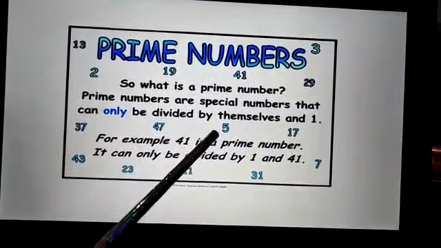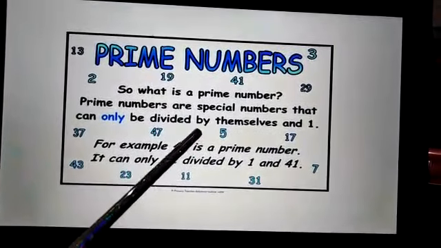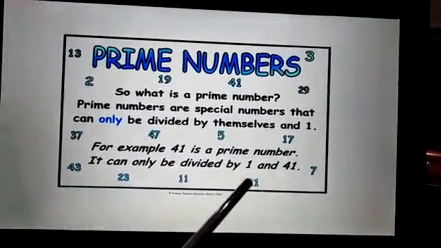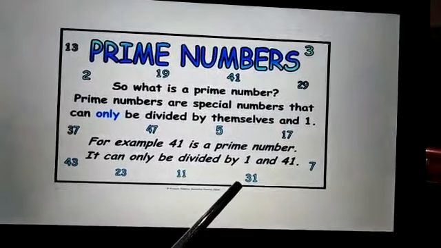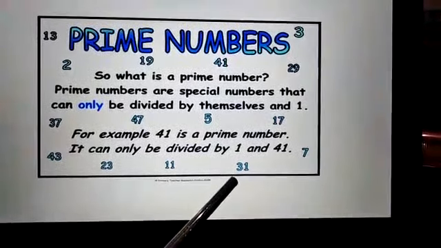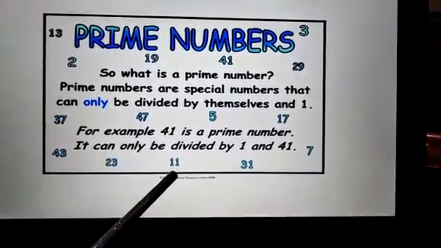Now 5. 5 is a prime number. Why? Because 5 can be divided by 1 and itself. Similarly, 31 can be divided by 1 and 31. Similarly, 11 can be divided by 1 and 11.